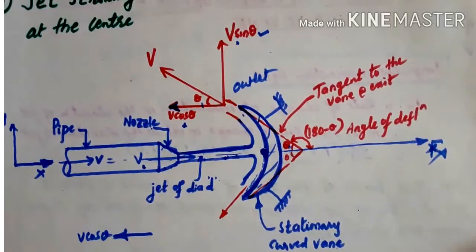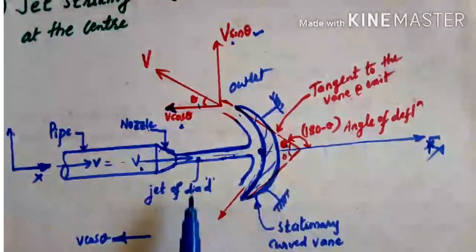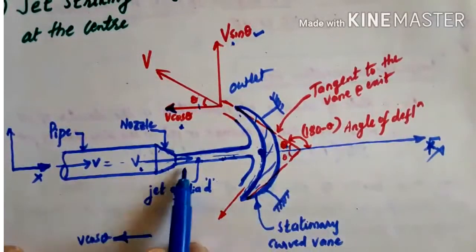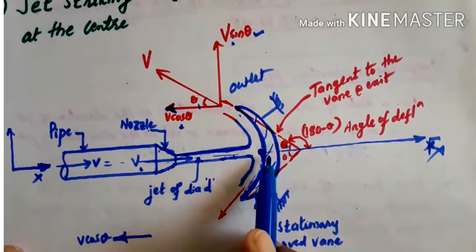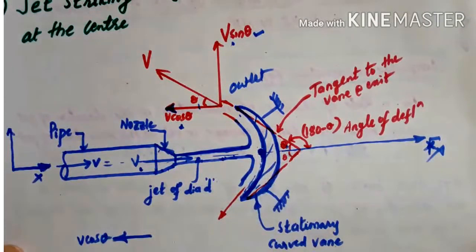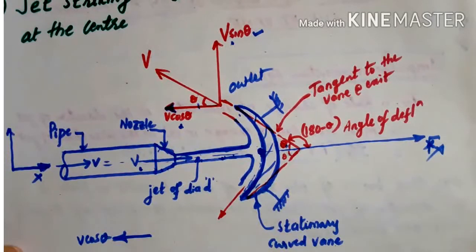First, you have to draw a figure neatly, that is a pipe and a nozzle, how it is acting, and which case is being given, whether a symmetrical case or an unsymmetrical case. Let us find that out, and according to that you draw the figure, then you calculate the force exerted by the jet.